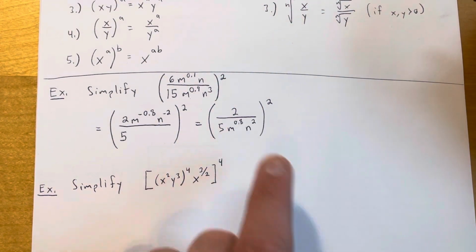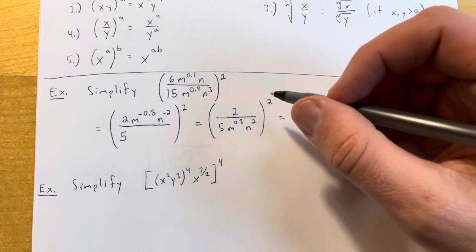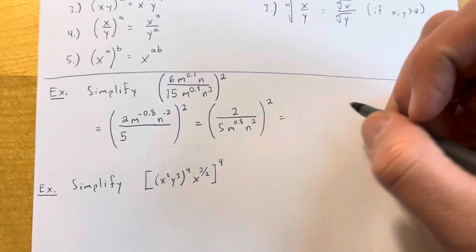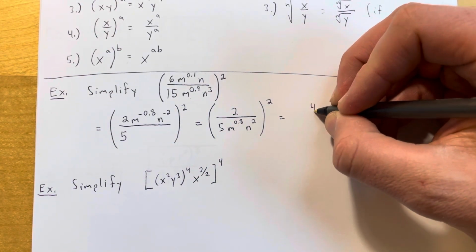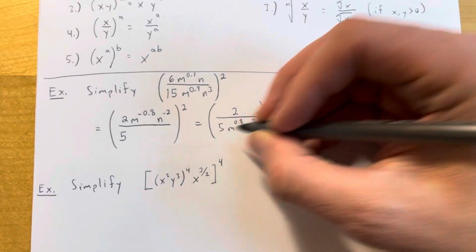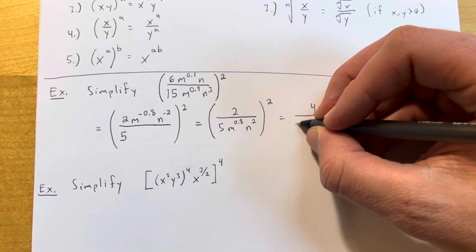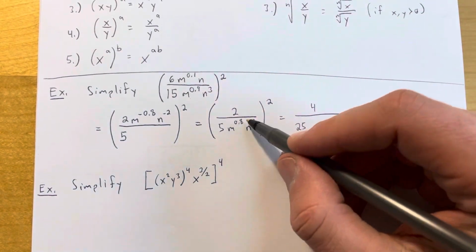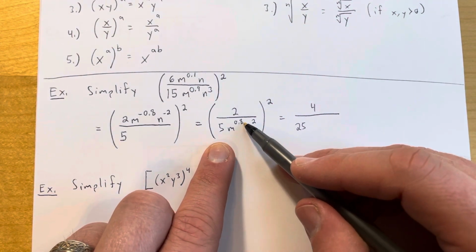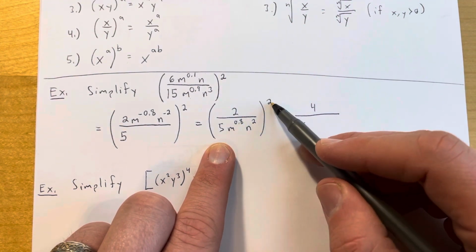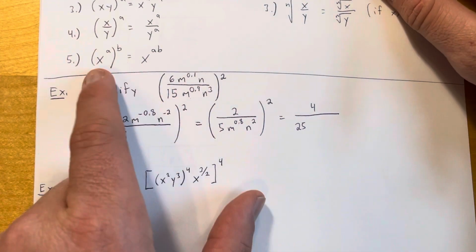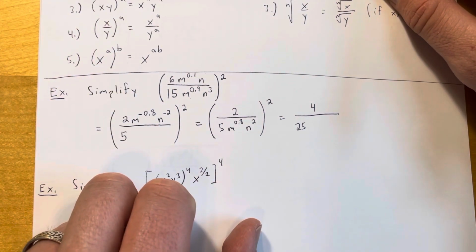Finally, I need to square everything. So in my numerator, I'm going to square 2. That would be 4. 2 squared is 4. I'm going to square that 5. That's 25. I'm going to square this. But this m is already being raised to a power, and now I'm going to raise it to another power. That's where property 5 becomes useful.